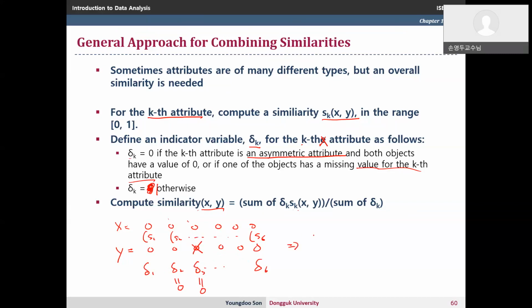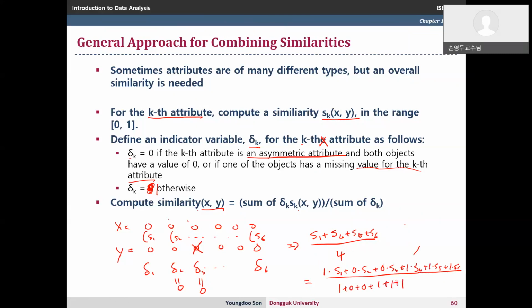So in this case, we can calculate the similarity as S1 plus S4 plus S5 plus S6 and take the average of them. It is actually 1 times S1 plus 0 times S2, 0 times S3, 1 times S4, 1 times S5, 1 times S6, over 1 plus 0 plus 0 plus 1 plus 1 plus 1.